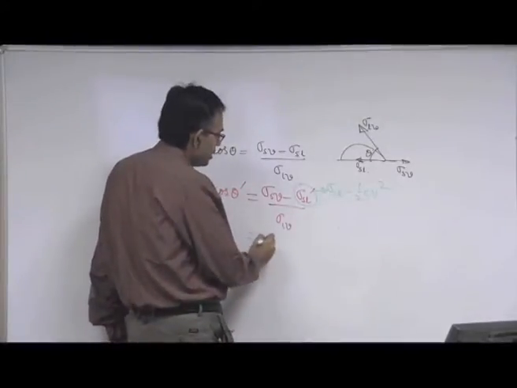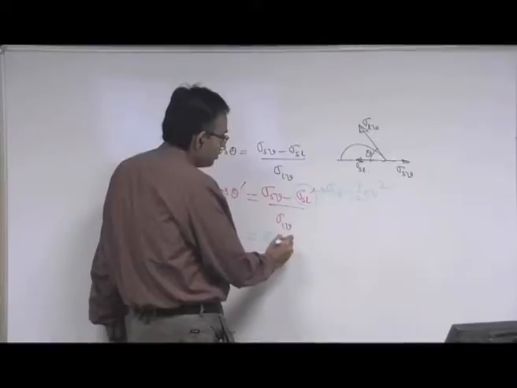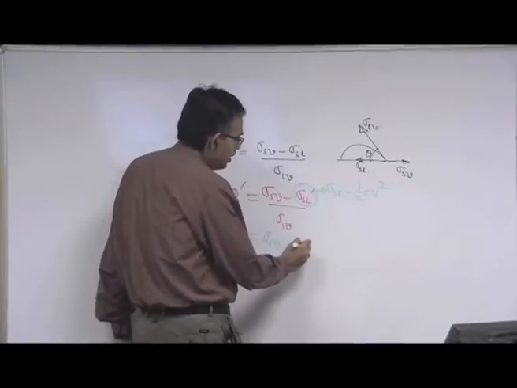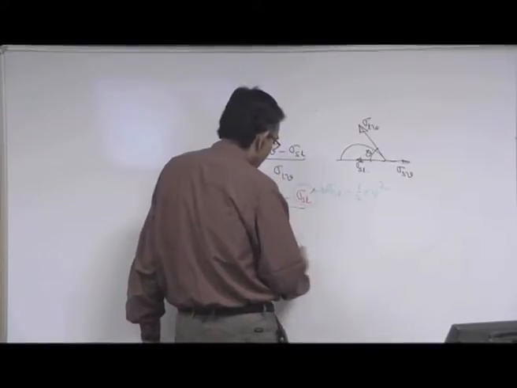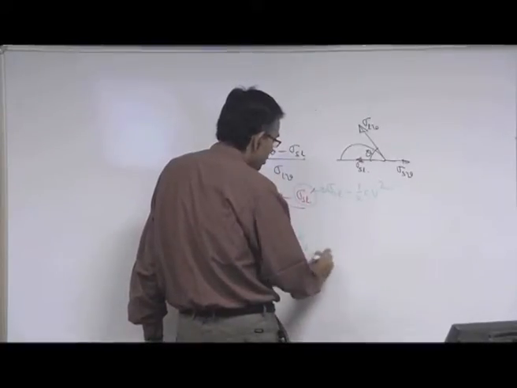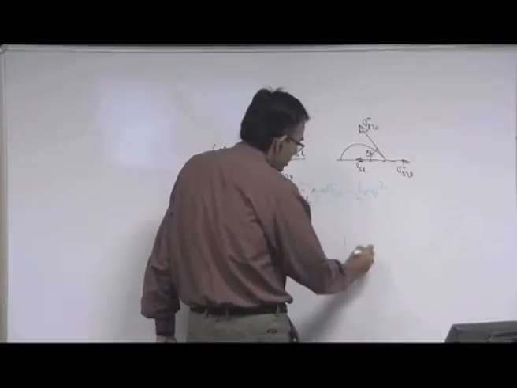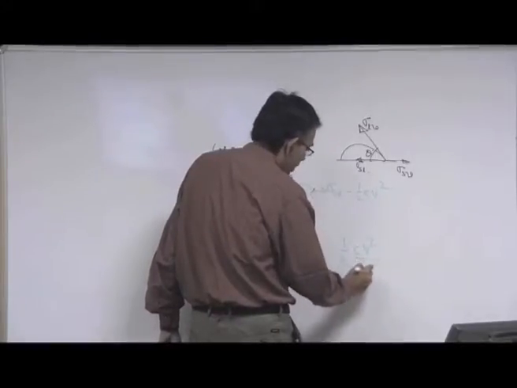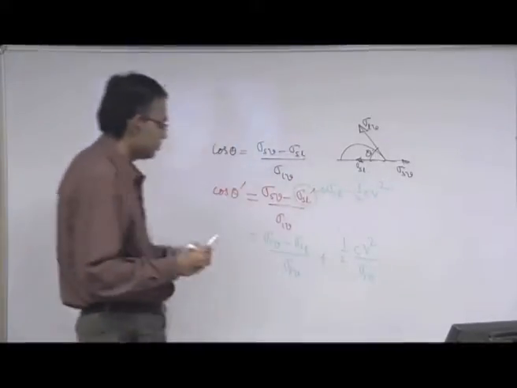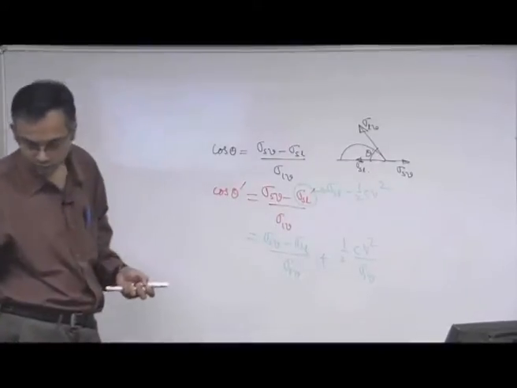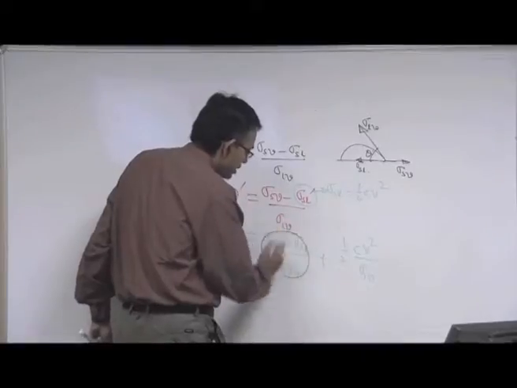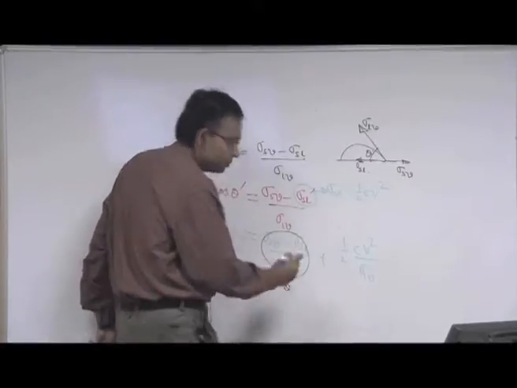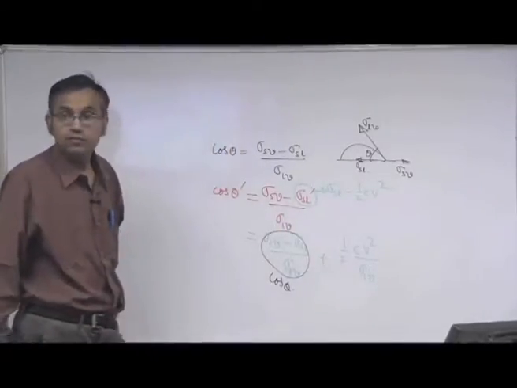So this becomes sigma SV minus sigma SL by sigma LV plus half CV square by sigma LV, right. What is this? This is cos theta, right.